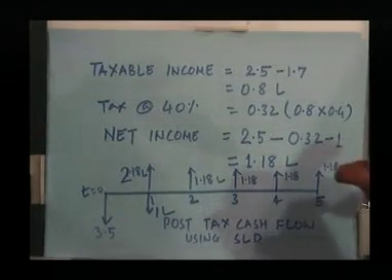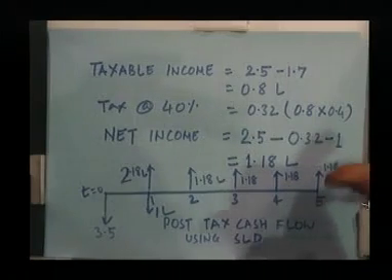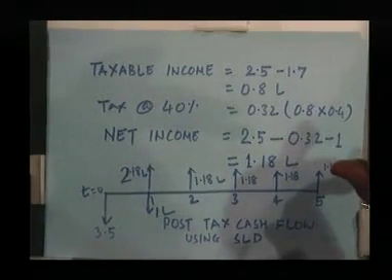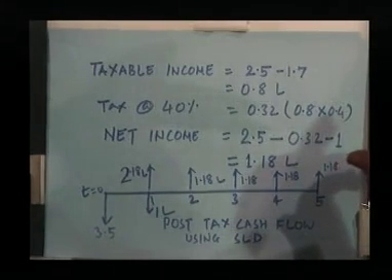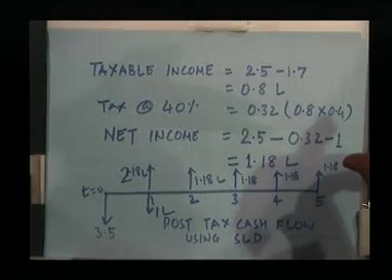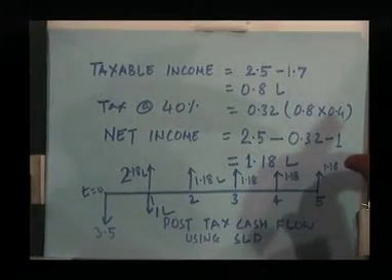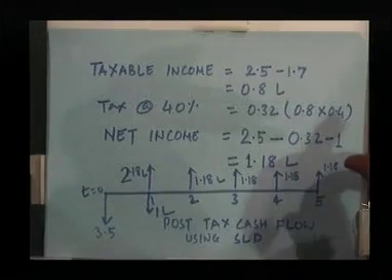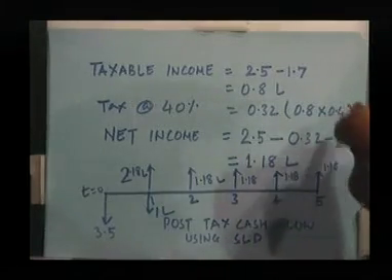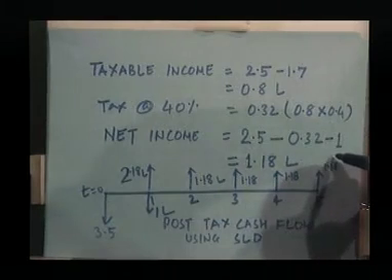Is it clear now? We have already deducted from the growth. Which one? 2.25 minus 0.32 minus 1. Why do we make minus 1?